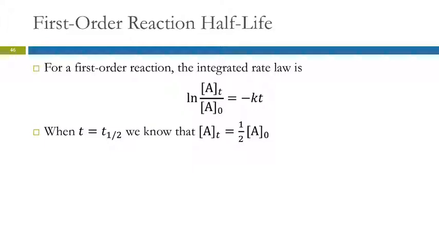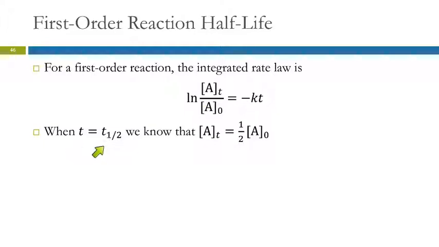So we'll take the first order reaction first again. So the integrated rate law is given here. This is not the linear form of it, but it is the linear form rearranged. So this was on the first slide, we just didn't pay much attention to it. So the natural log of the concentration at whatever time we're at now divided by the concentration that it started with is equal to negative kt.